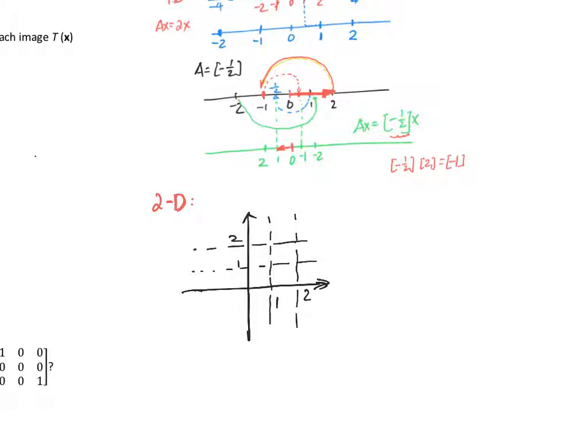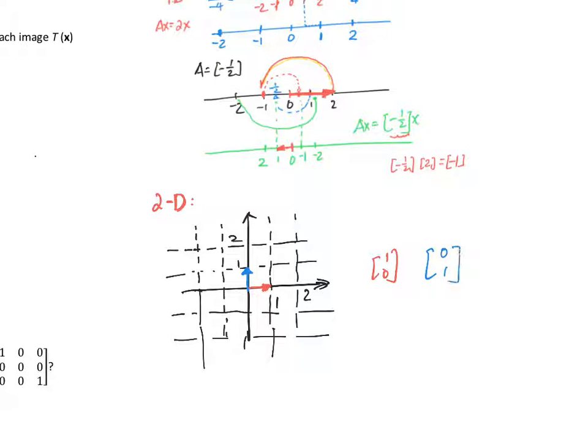You can imagine there are a lot of grid lines in your xy plane, right? Now say suppose you look at this vector, which is (1, 0), and then also look at this vector, which is (0, 1). This is one example of two-dimensional transformations.